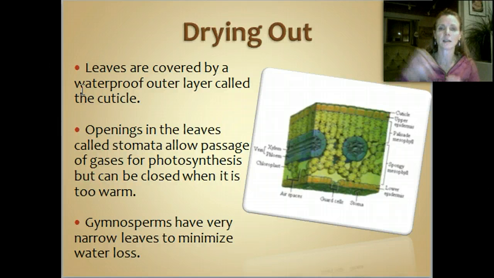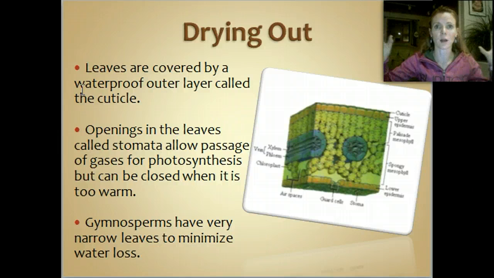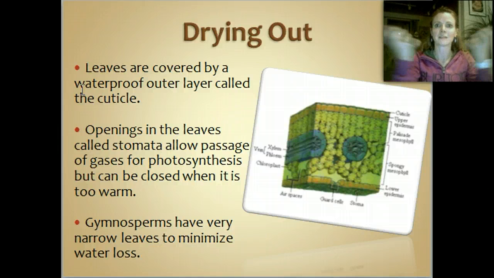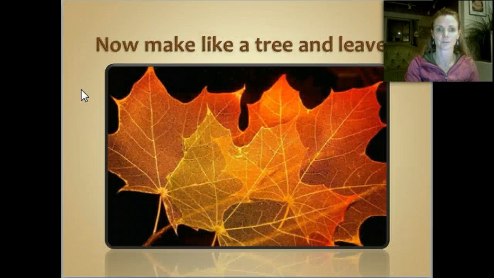So they need these little openings in the leaves for the oxygen to leave, because that's one of the products of photosynthesis, but it also needs to take in CO2. But it can close off sometimes when it's either too cold or too warm. Gymnosperms have very narrow leaves to minimize that water loss. So that's another thing that happens on land, is just drying out in general.